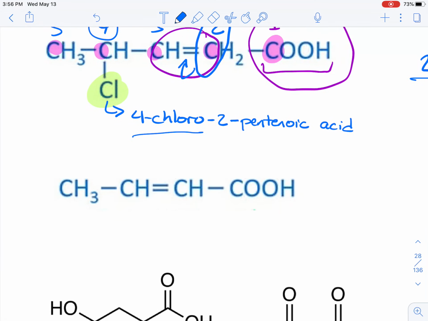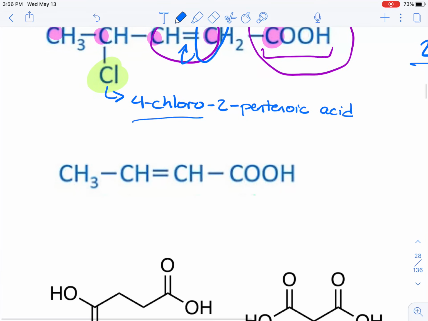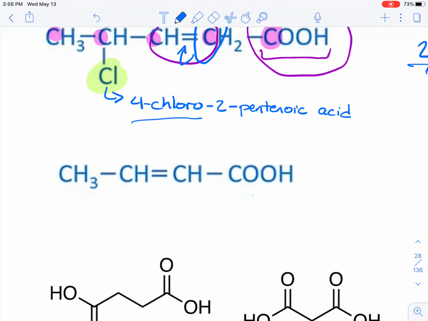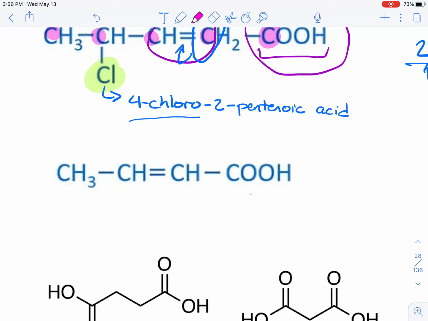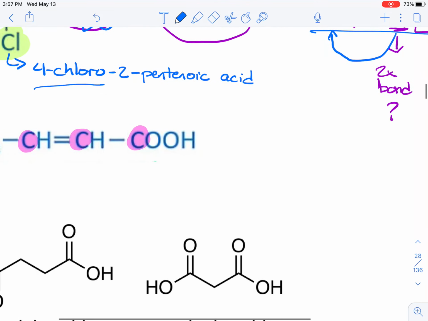All right, so let's go ahead and take a look at the next one. This one's a little simple. And so once again, we're going to figure out the longest carbon chain that contains the carboxylic acid. So we have 1, 2, 3, 4. So this is a 4-carbon compound. And therefore, we're going to go ahead and put in but as the prefix to represent a 4-carbon compound.